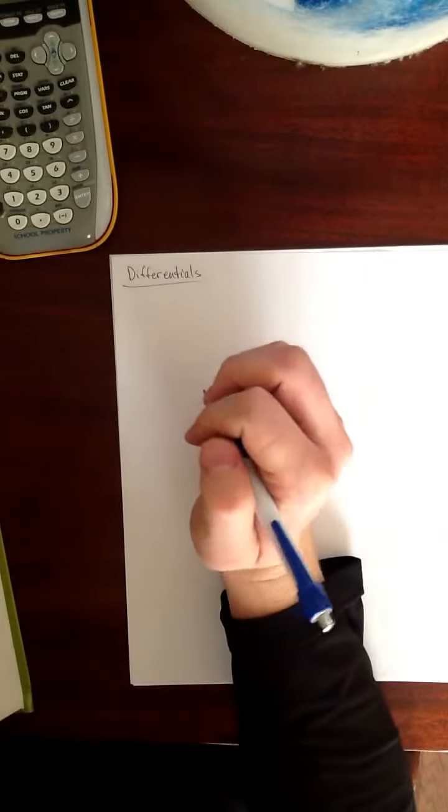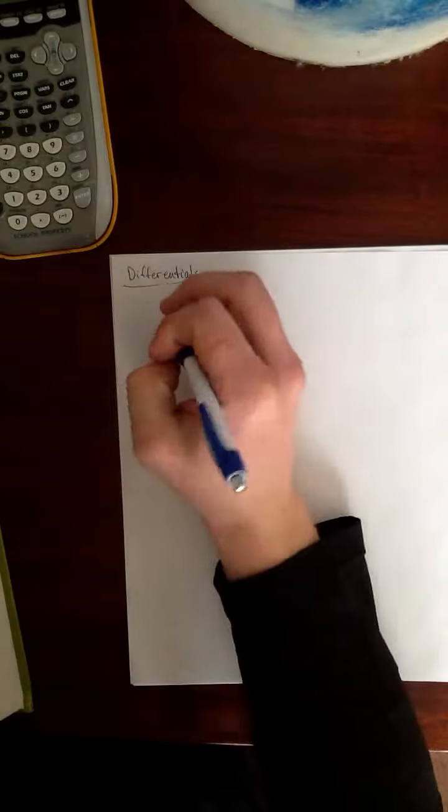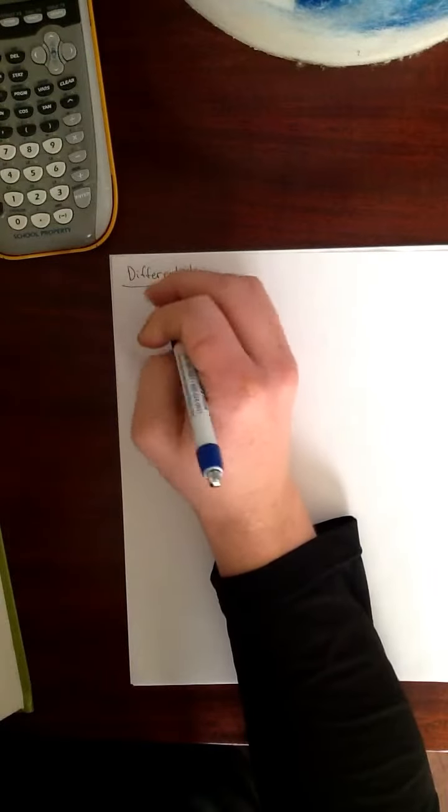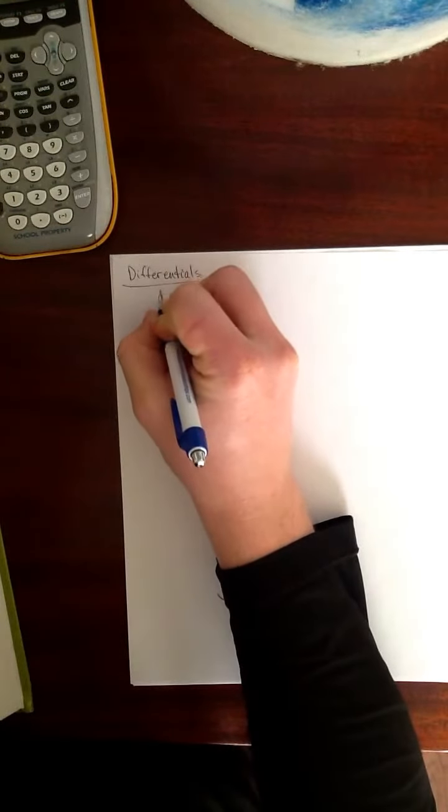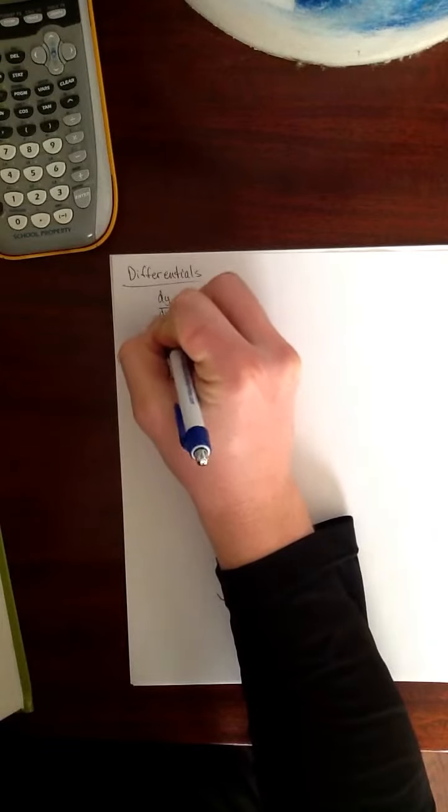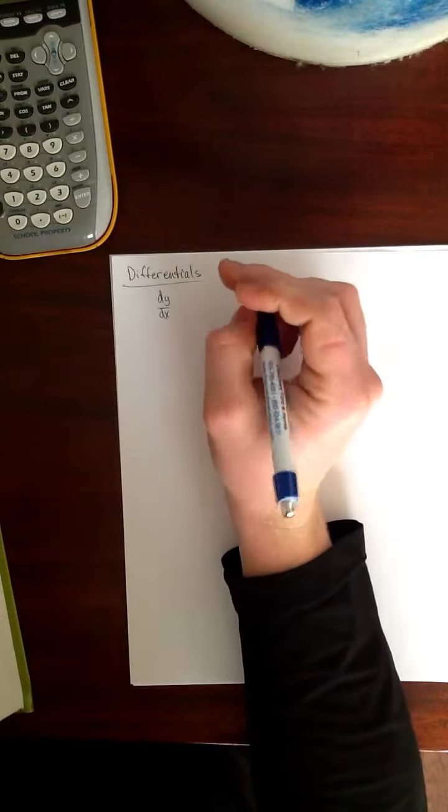Basically what this is, is just a different way of writing the derivative of a function and then using it. It's basically a differential. We know when we did derivatives, one way we wrote that was dy dx, right? Remember that?